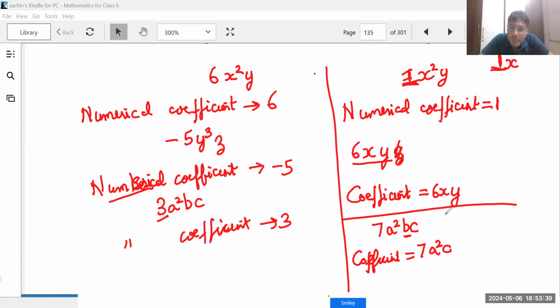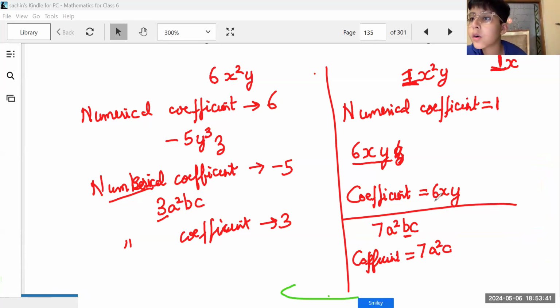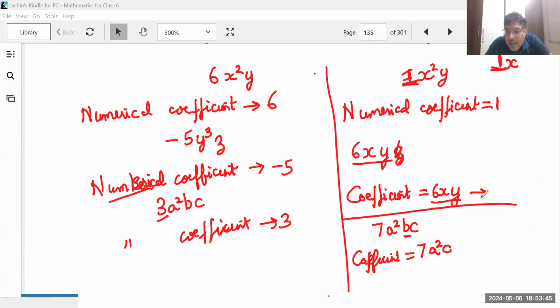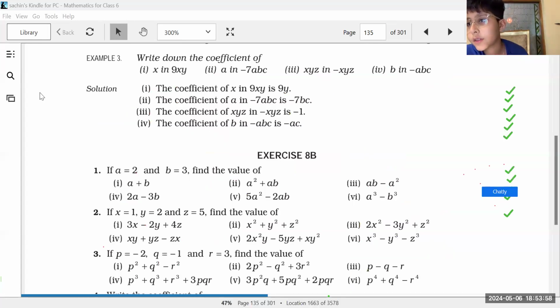What would be the numerical coefficient for 6xy? The numerical coefficient of 6xy will just be 6, and of 7a square c would be 7. Yes. But sir, in coefficient, I don't get the difference.